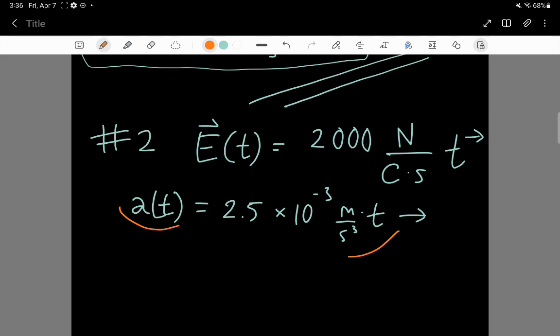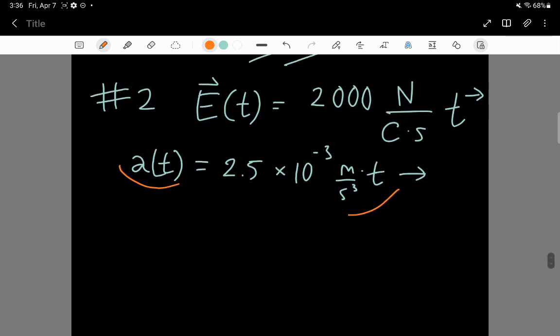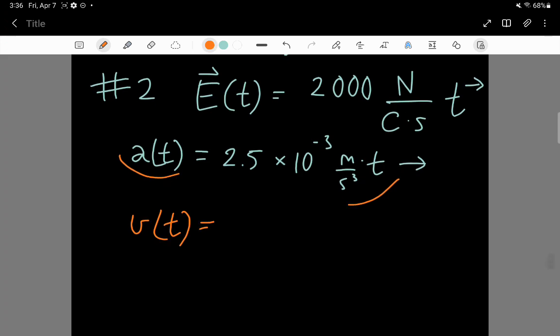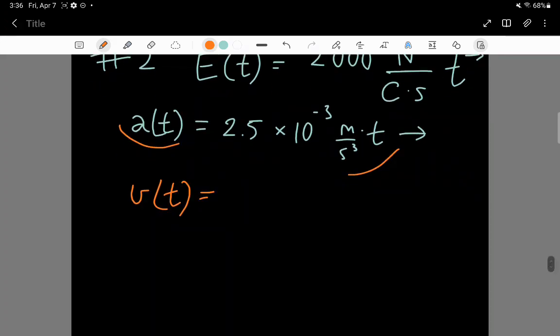Okay, so then the next detail that you have to get, in order to write down the kinetic energy, is an expression for v of t. And v of t, you have to do the integral. And the expression that you're going to get to is 1.3 times 10 to the minus 3 meters per second cubed times time squared.